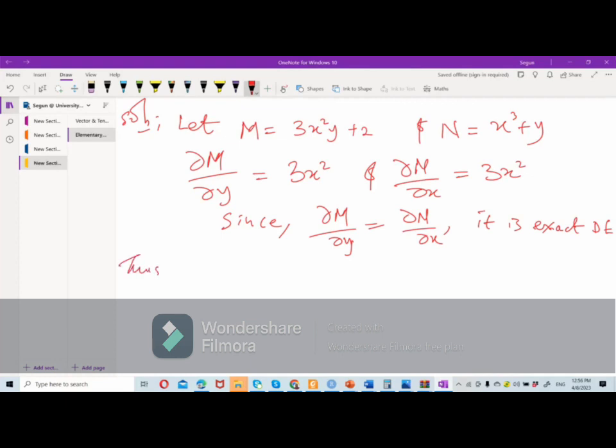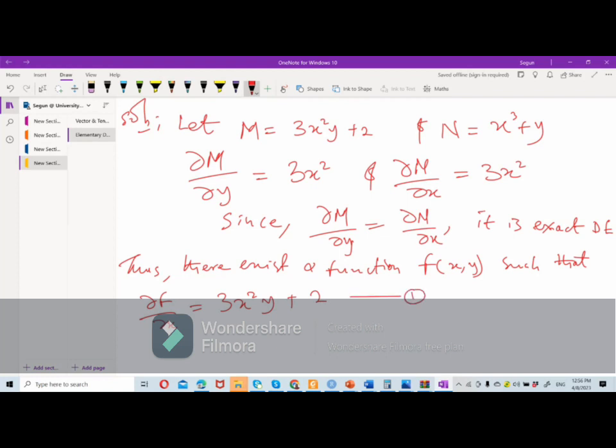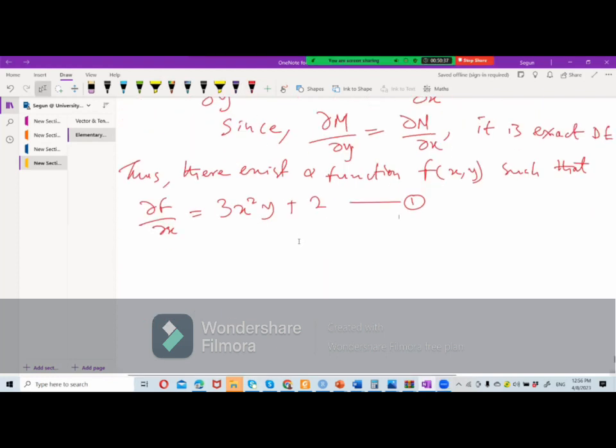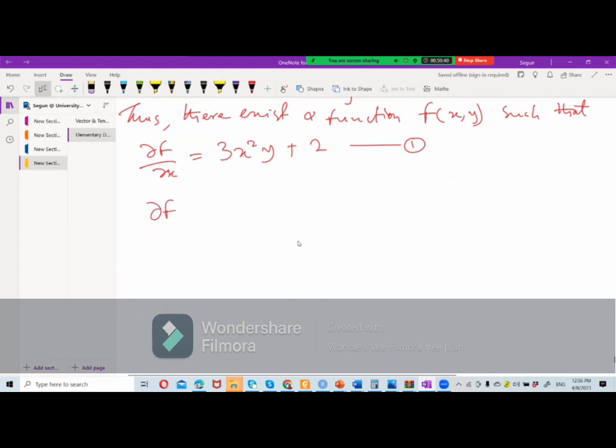Thus, there exists a function f(x,y) such that the partial f with respect to x is equal to 3x²y + 2, equation 1, then the partial f with respect to y is equal to x³ + y, equation 2.